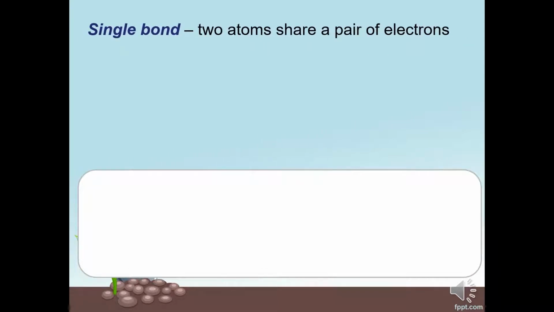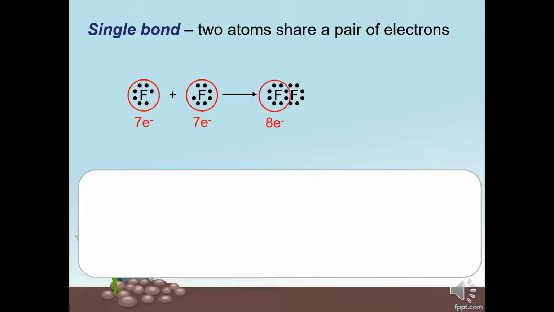A single bond is formed when 2 atoms are held by one pair of electrons. Let's say we have fluorine gas. Each of the fluorine atoms has 7 valence electrons, and each of them is going to provide 1 electron for bonding. What is going to happen is, in the covalent compound, fluorine will be surrounded by 8 electrons now.